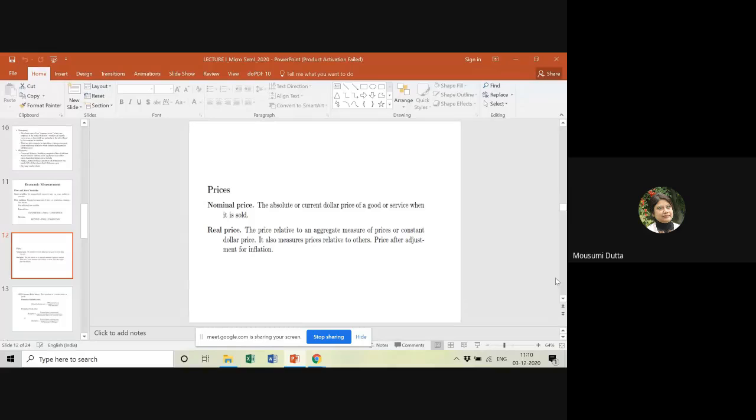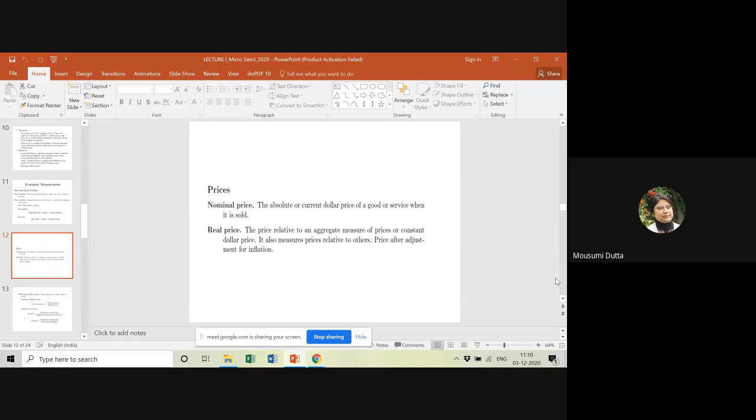So the price relative to an aggregate measure of prices, or constant dollar price, we consider to be a real price. It also measures prices relative to others, price after adjustment for inflation.